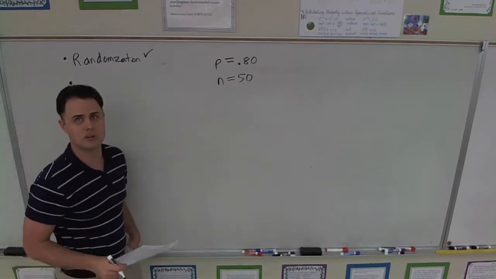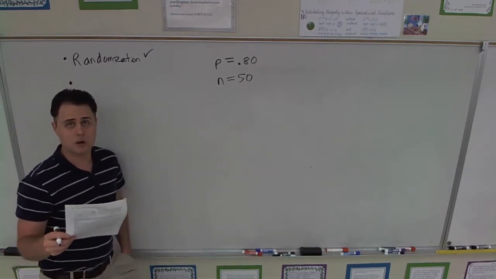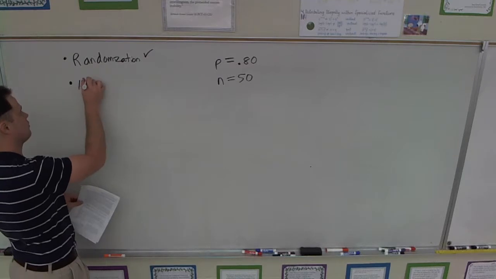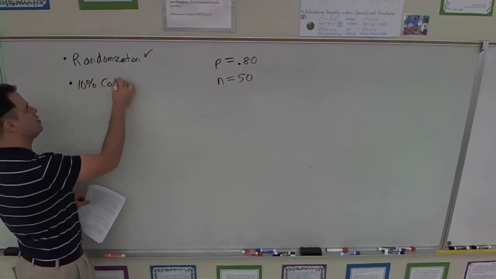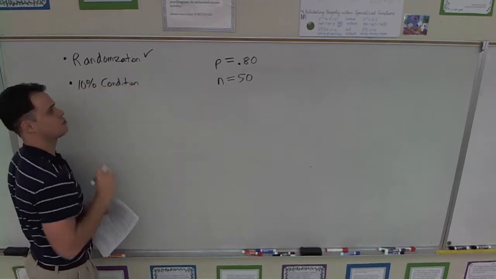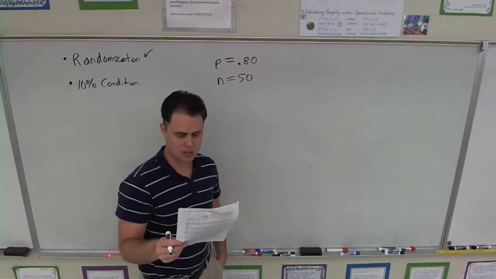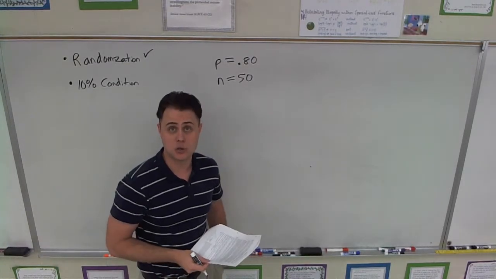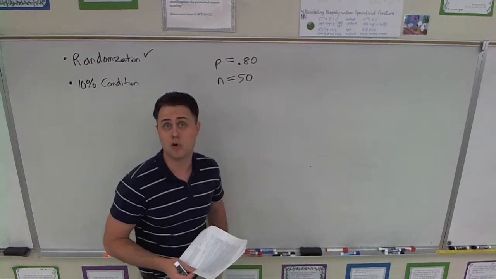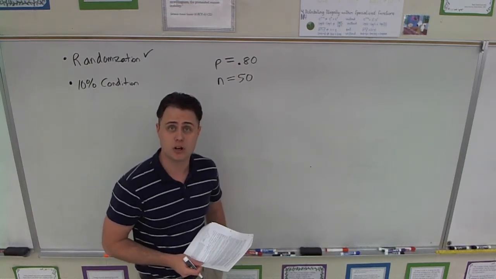I'm going to be quick and brief today. The second thing you want to check is the 10% condition. Again, I'm going to speak this more than write it down because of time constraints and I've got to leave. So the 10% condition is we want to make sure that there are more than 500 cars on the road.